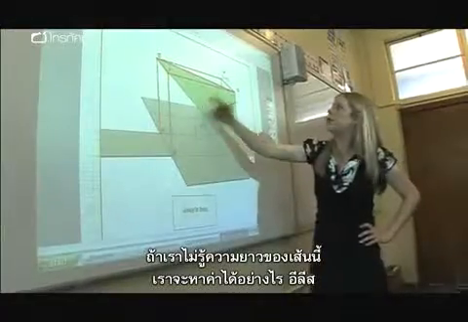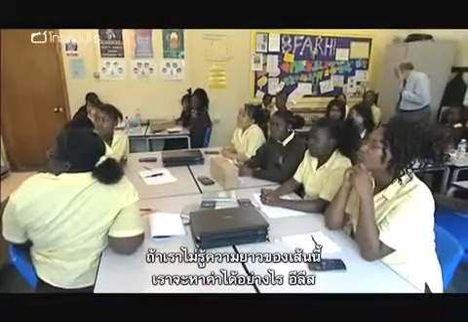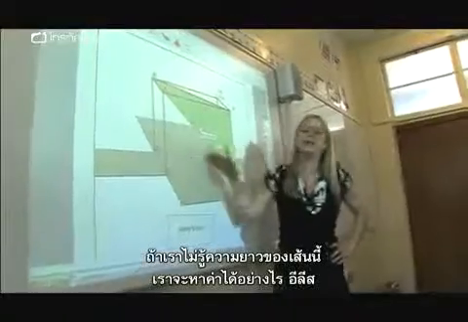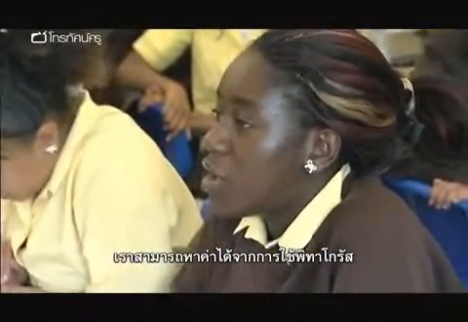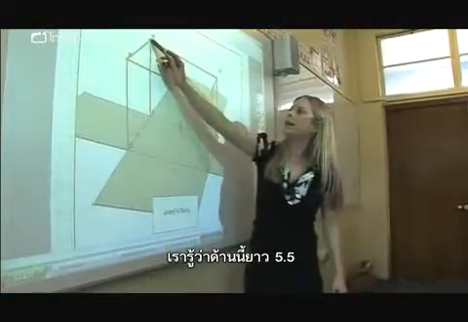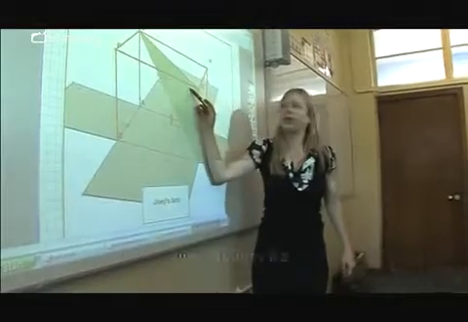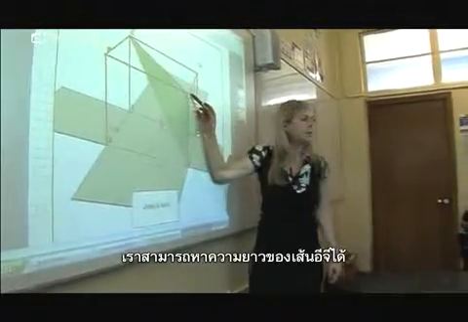So if we don't know this length here, how can we work out what it is? Elise? To find the length, you could use Pythagoras theorem. So we know that, for example, this side is 5.5 and this side is 8.2, so we can work out what EG is.